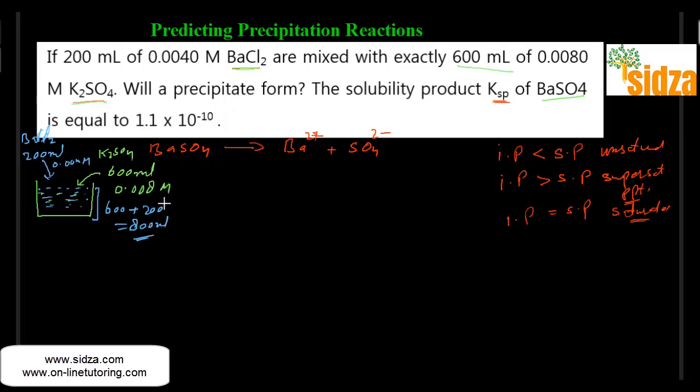So what will be the concentration of the barium and the concentration of the sulfate ion in it? Let's find out first for the sulfate.